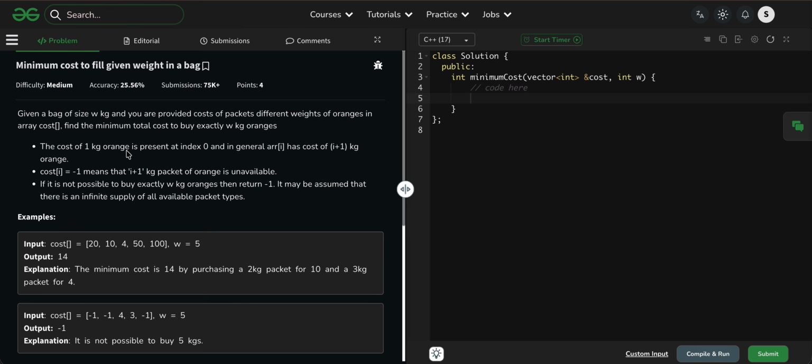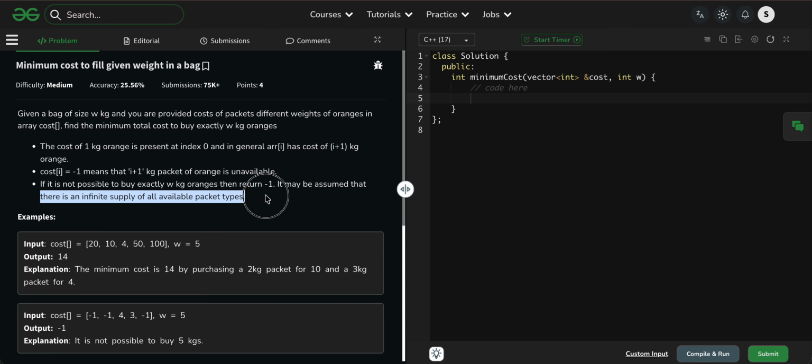The cost of 1 kg of orange is present at index 0, and in general, cost[i] is the cost of an (i+1) kg orange packet. Cost[i] equal to -1 means that the (i+1) kg packet of orange is unavailable. If it is not possible to buy exactly W kg of oranges, then return -1. It may be assumed that there is an infinite supply of all available packet types.